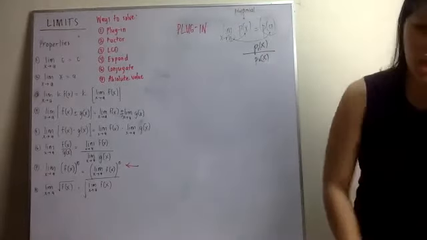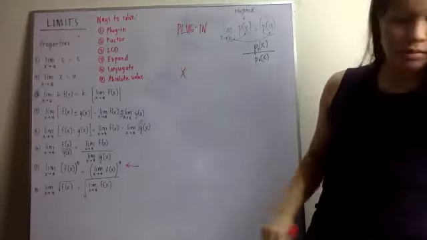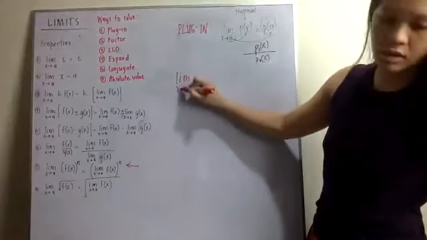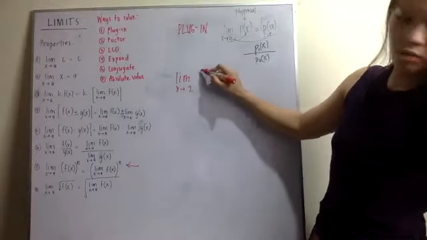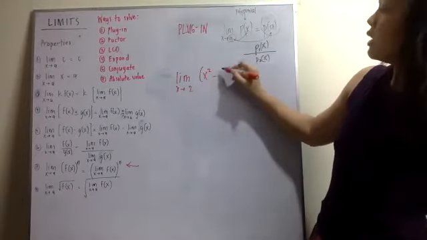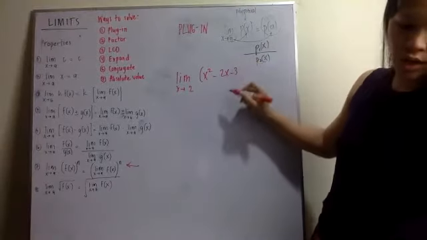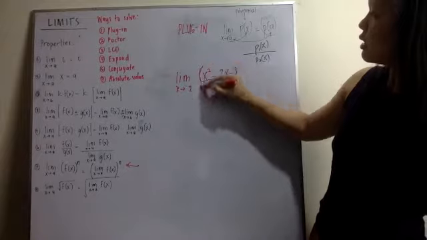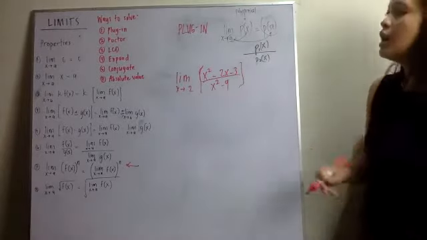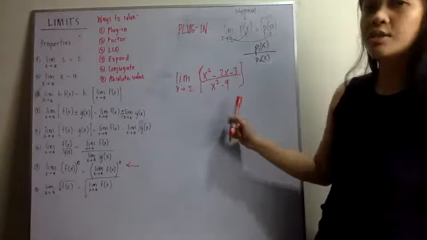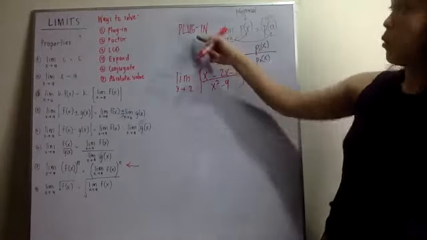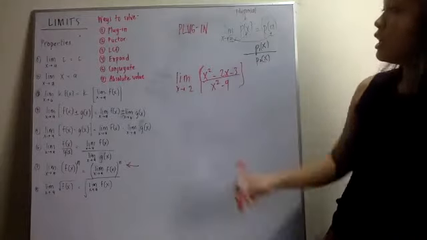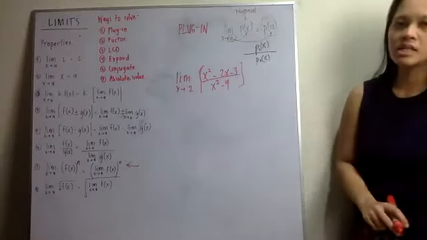So for example, if we have this limit as x approaches 2 of x squared minus 2x minus 3 all over x squared minus 9. Okay. Now, kapag meron kang rational expression, minsan mag-work yung plug-in. Minsan, hindi. Now, try to plug in 2 sa value ng x dito.